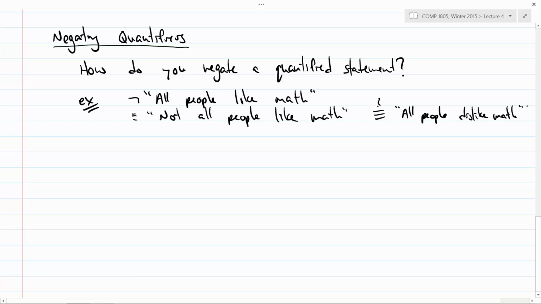That's another common answer. Yeah? Sure. If there exists one person who doesn't like that. So that's for this column here. So that's the same thing as saying there exists one person who does not like math.